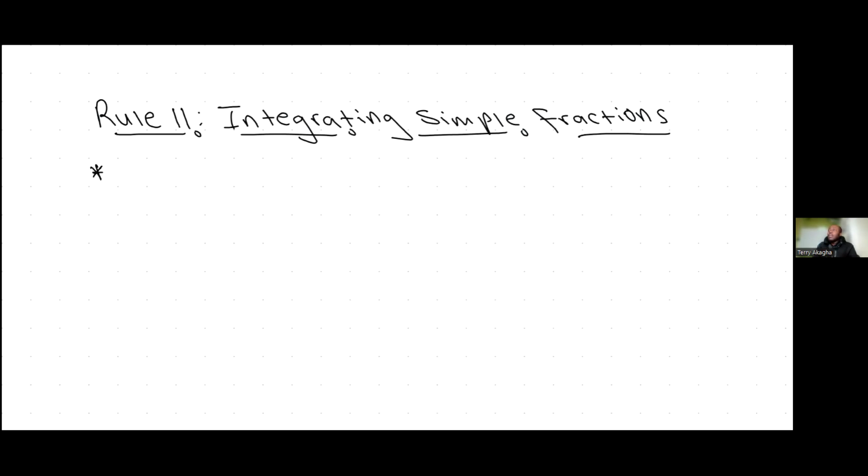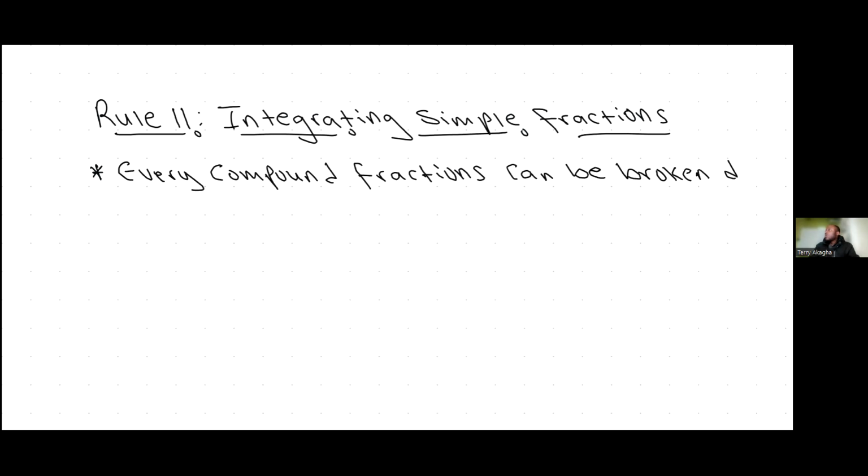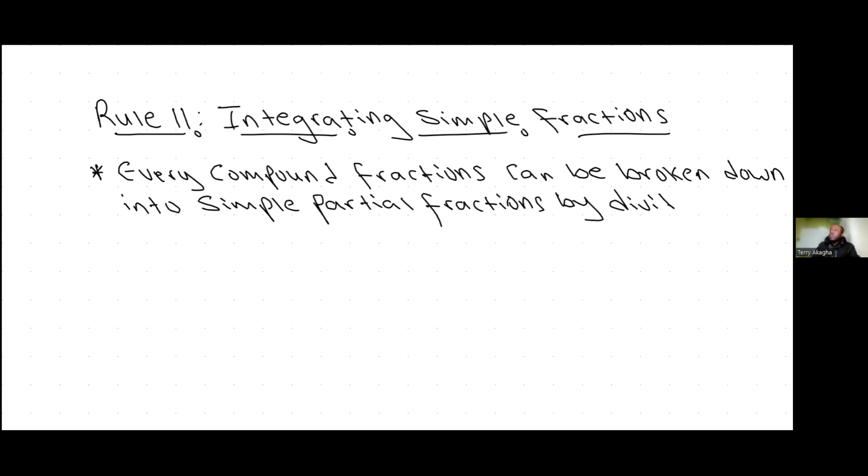So what I said is that every compound fraction can be broken down into simple partial fractions by dividing each of the numerators by the common denominator.